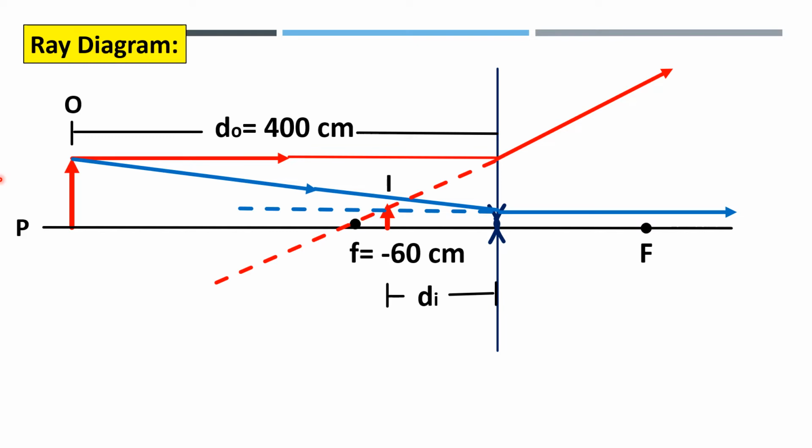But since I did not draw this whole thing using a specific scale, we will just determine that image distance using mathematical computations. And we will have that in the next slide.